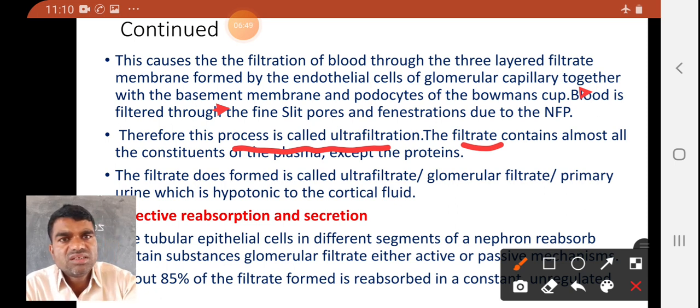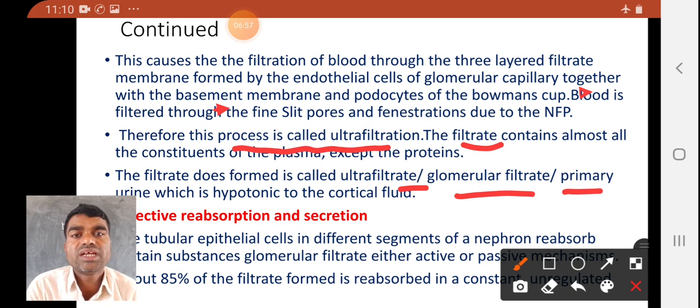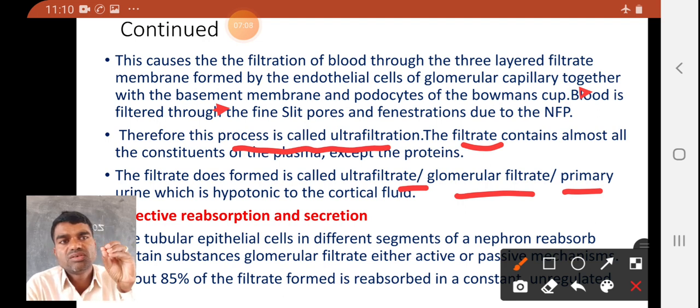The filtrate that is formed is called ultrafiltrate or glomerular filtrate, or it is also known as primary urine, which is hypotonic to the cortical fluid. The process is called glomerular filtration, ultrafiltration, or primary urine.